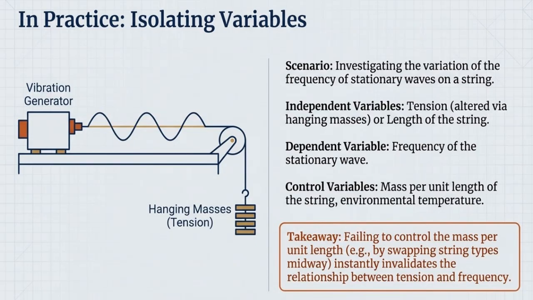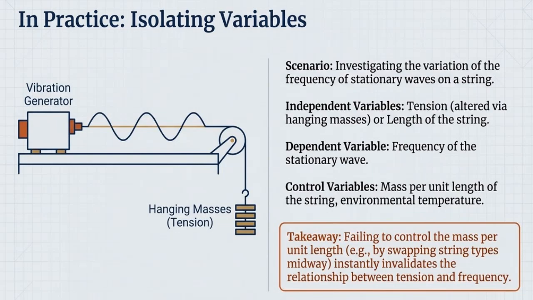Let's look at an example where we investigate how the frequency of stationary waves on a string changes. In this case, we can vary the tension by adjusting hanging masses or change the length of the string as our independent variables. The frequency of the stationary wave is what we measure as the dependent variable.